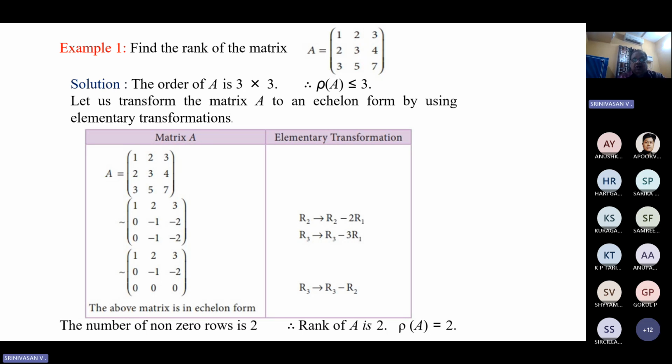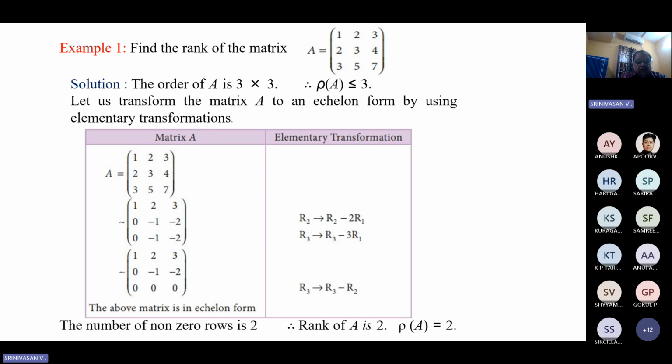In the process, definitely, automatically, one or two rows, depending upon the type of operations that we do in reducing it to echelon form, will become a 0 row. So here is one 0 row. There are 2 remaining non-zero rows. Remember, here is a row where there is a 0, but it is not a 0 row because there are non-zero elements. So it is a non-zero row.